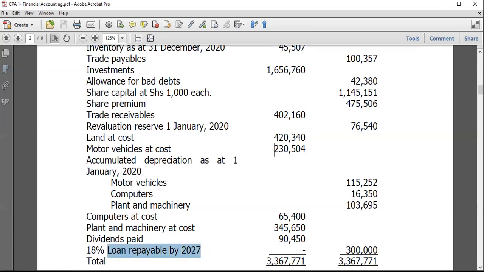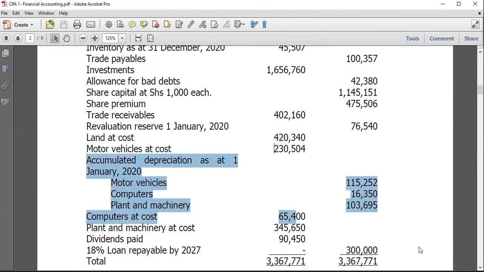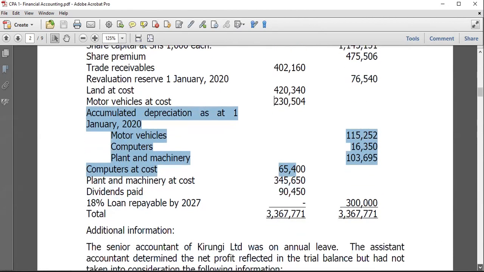This is, of course, a long-term loan, which is a long-term liability, not a current liability. Of course, dividends paid. Dividends, basically, are a reward to shareholders, okay? And as you can see, we've been given an amount there, and then definitely this relates to the assets. So that's the information that they have given to us.